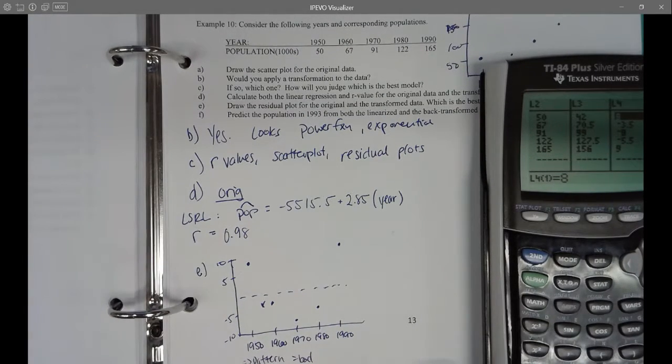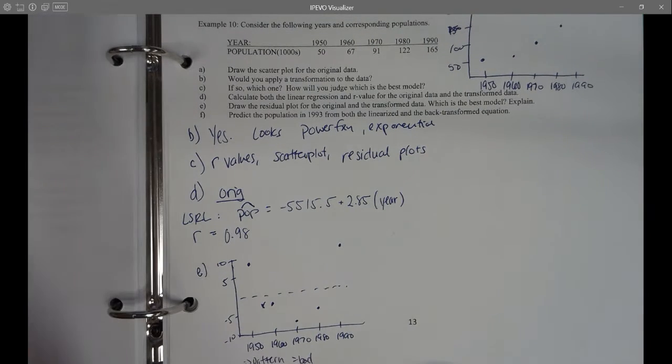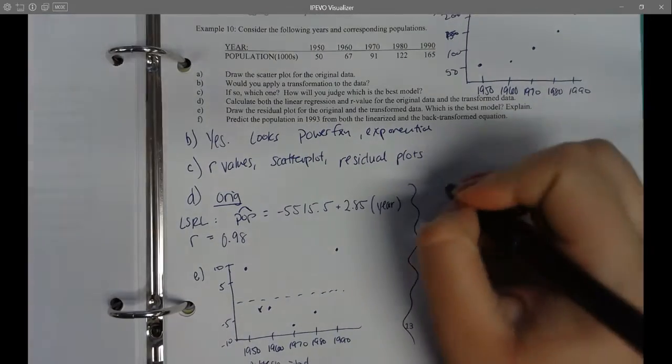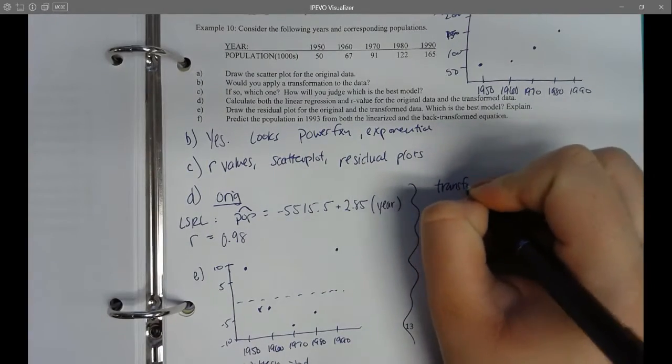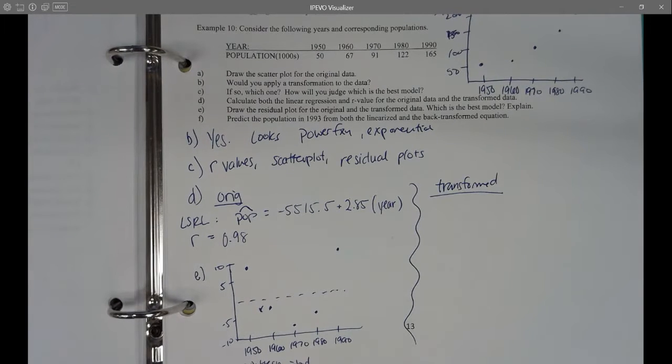So let's go back to our original question. The original goal was to transform my data and find a new equation. Your best bet, so this is the answers for the original, this is for our transformed. You kind of want to do the opposite of what the graph looks like. The opposite of an exponential is a logarithm.